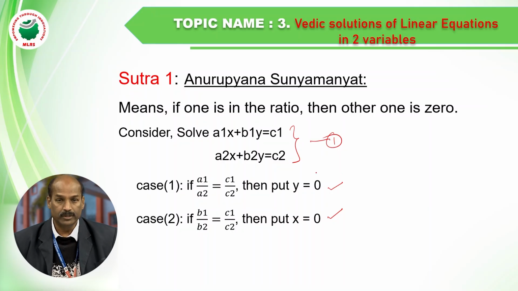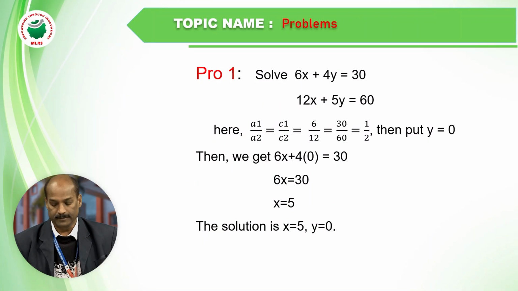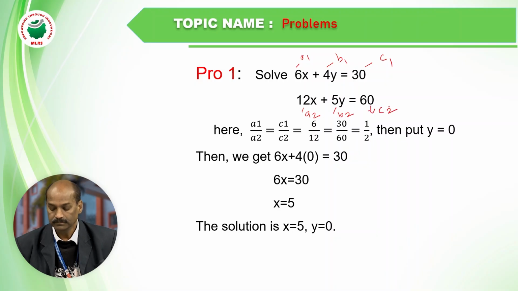Now with this background, we do some problems. Problem 1. Solve 6x plus 4y equals 30, 12x plus 5y equals 60. In this given problem, a1 is this, a2 is this, b1 is this, c1 is this, b2 is this, and c2 is this. Now, when you observe these values, we observe that a1 by a2 equals c1 by c2.